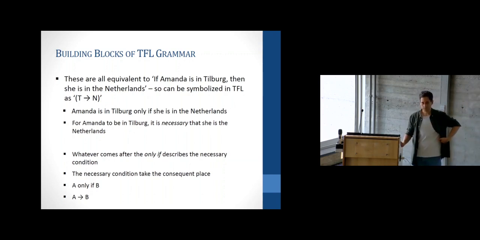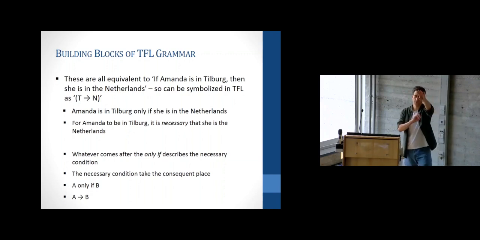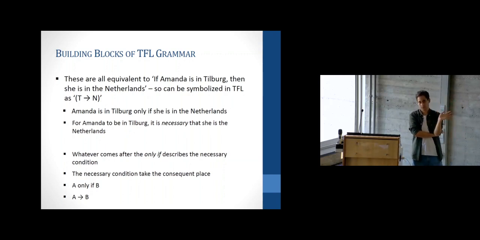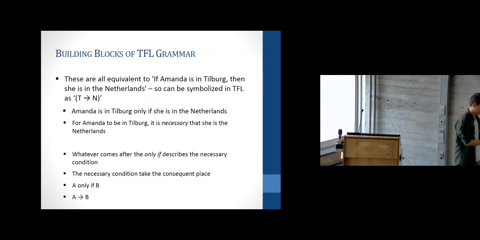Yep. And if you say A if B, does it then get reversed? No, so this is the simplest way to say it, so to speak in English and truth functional logic where there is no ambiguity. If A, then B will just be A arrow B. No, not that. Just A if B. Ah, okay, A if B. Okay, yeah.